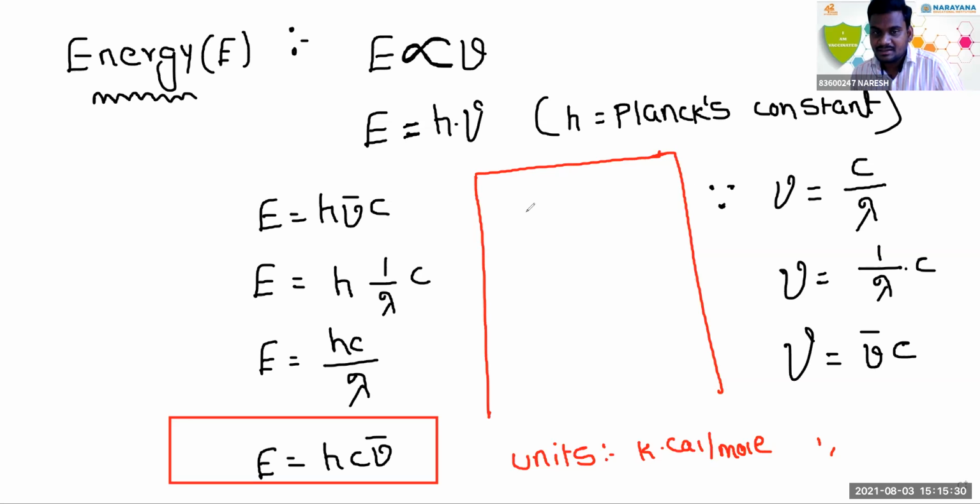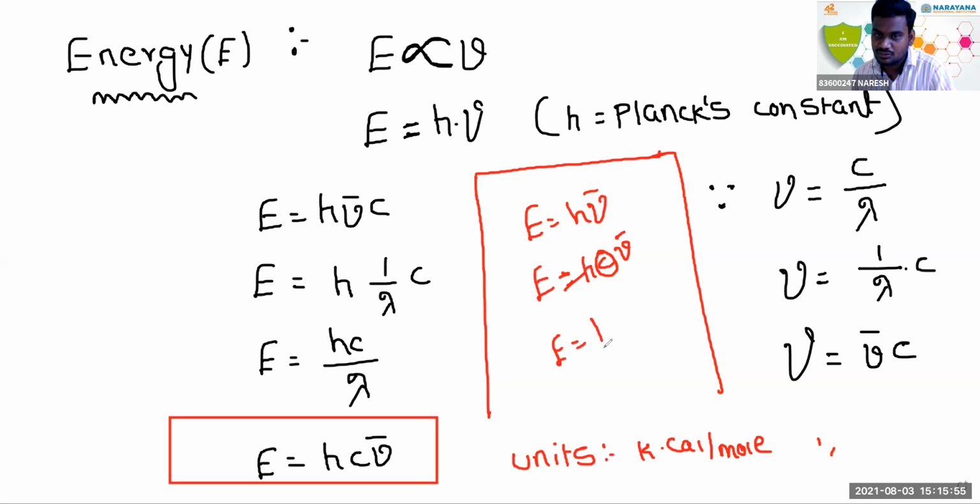See here, E is generally h nu. Energy is equal to Planck's constant into frequency. Here, instead of that, I have given the complete proof, E is equal to h into C nu bar. What is C? Speed of light.